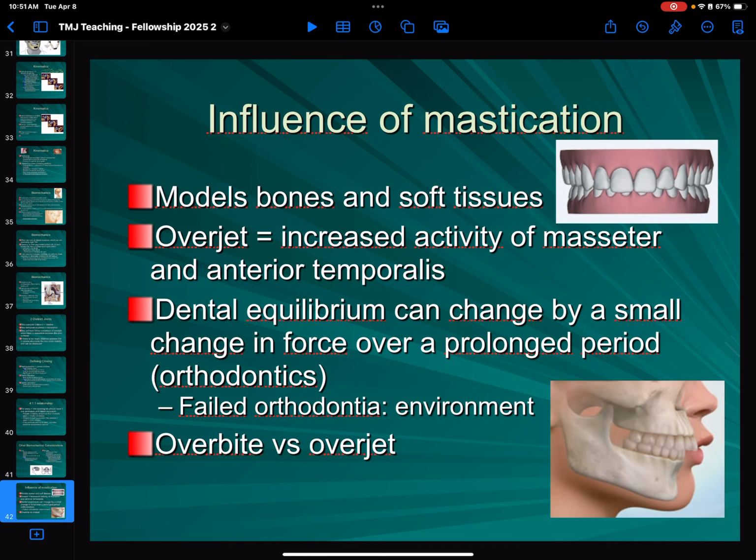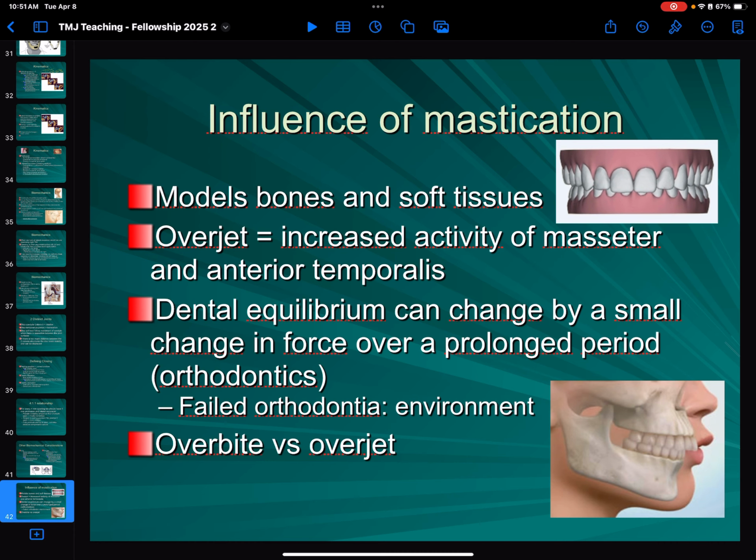Influence of mastication, models bones and soft tissues. This is what you were getting at, Manuela, these early things that we're modeling what our tissue is going to be at an early age. So overjet, increased activity of the masseter muscle and anterior temporalis. Dental equilibrium can change by small change in force over a prolonged period of time.